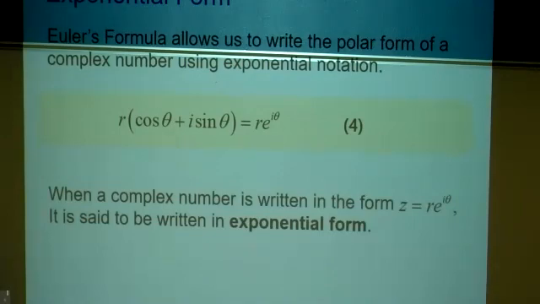When a complex number is written this way, it is said to be written in exponential form. So z equals r e to the i theta is the exponential form of a complex number.